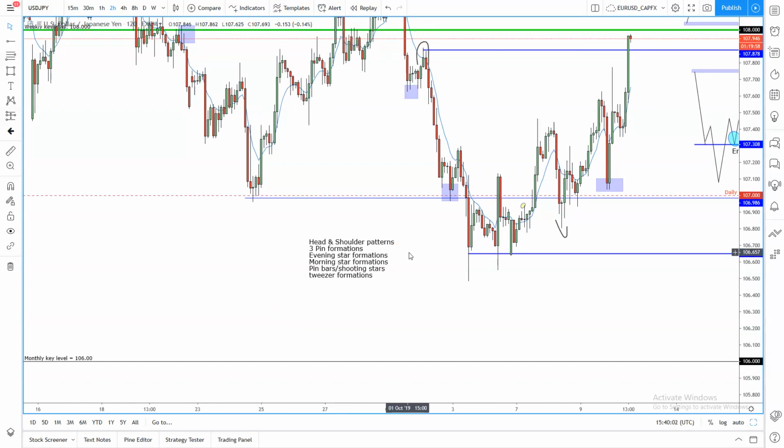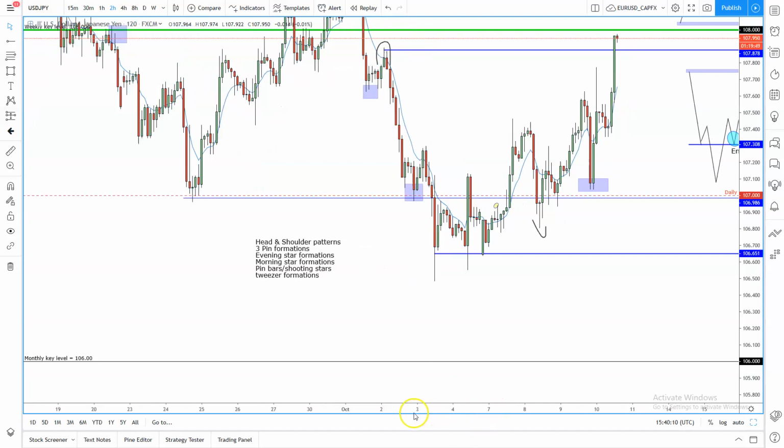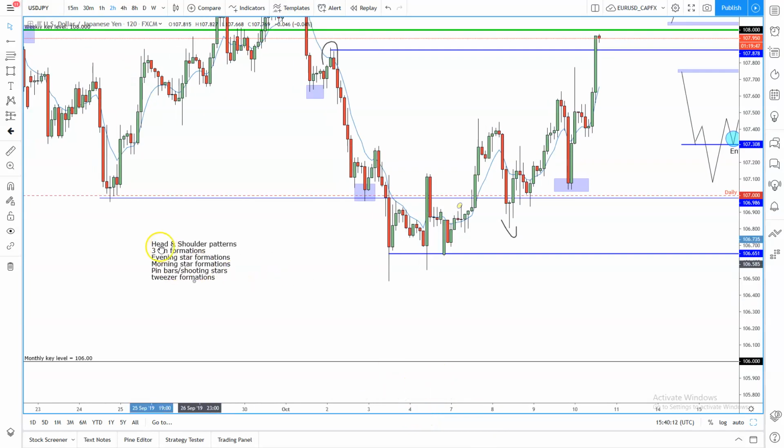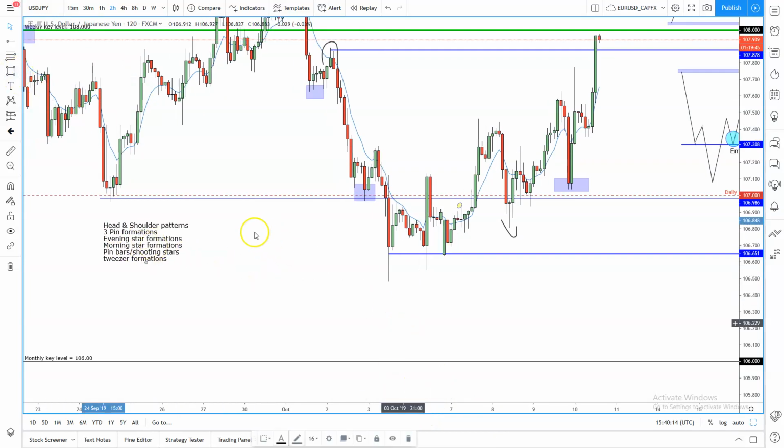Alright, so the last type of candlestick formations we'll look at in this video are tweezer formations. Okay, so tweezer formations look like this.